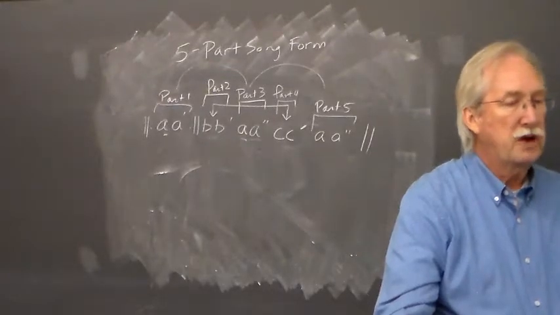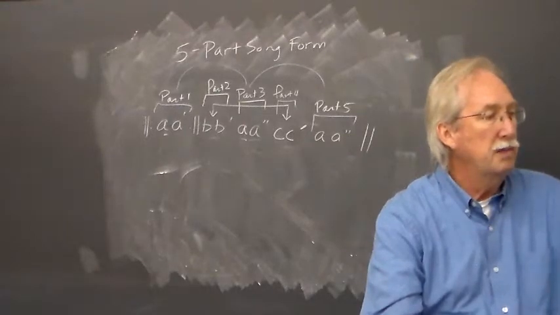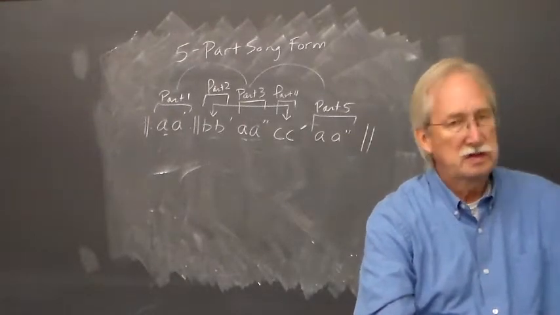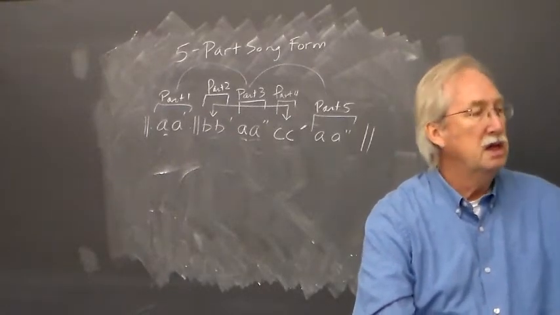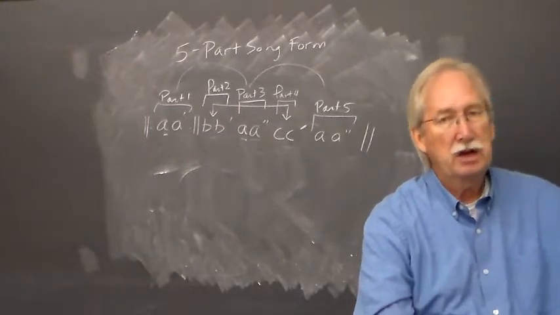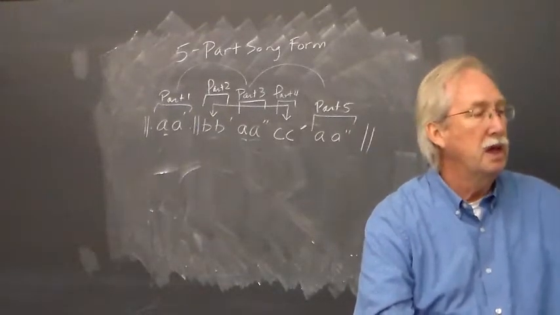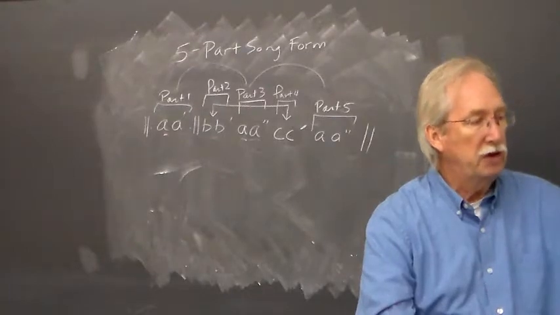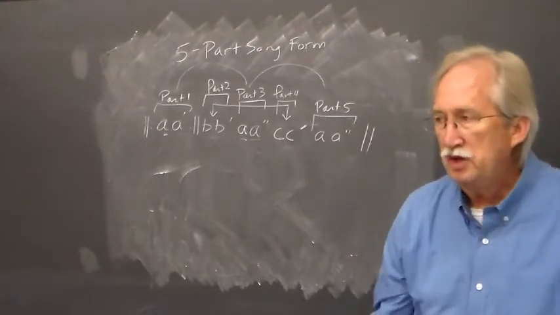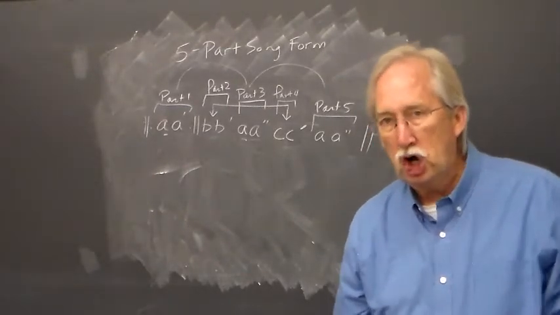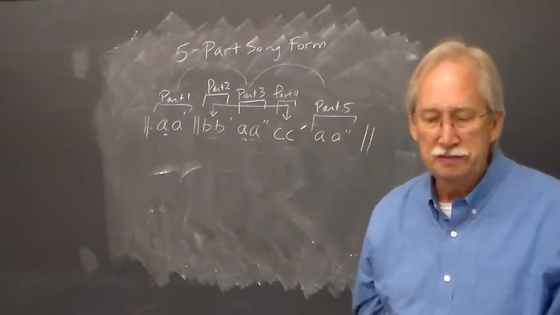So if you look, just the final thing here on this handout on the second page, just to reiterate one final time, parts 1, 3, and 5 share the same thematic material and are in tonic key at the beginning of it. And that very often 5-part song forms make use of auxiliary members, but you don't use the term enlarged. So only use that for 3-part song forms.